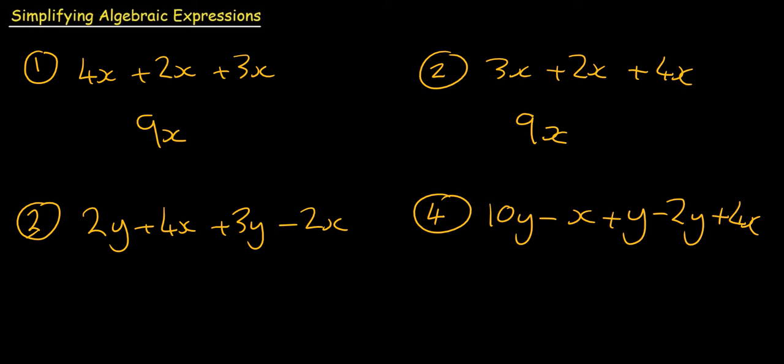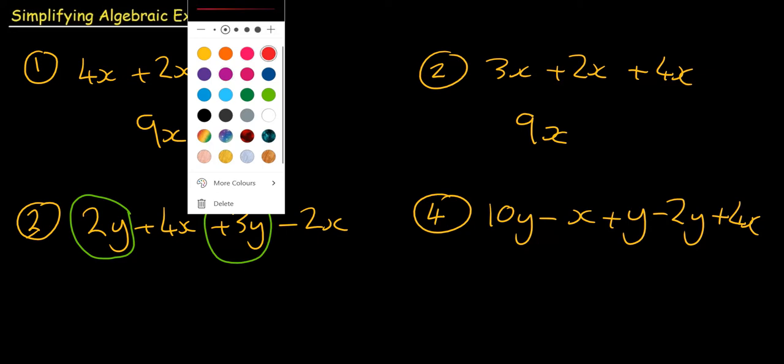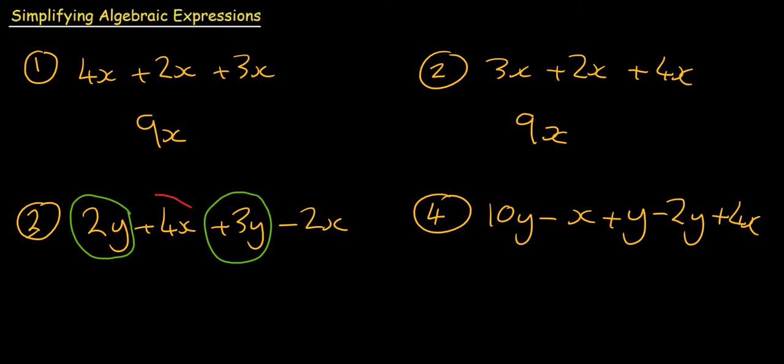Okay, so hopefully you've done that now. I'm going to do something to make it slightly easier. I'm going to circle the like terms in green. And sometimes when you're doing these problems, it helps to have a pen with a different color. So let's go red, and I'm going to circle the x values.